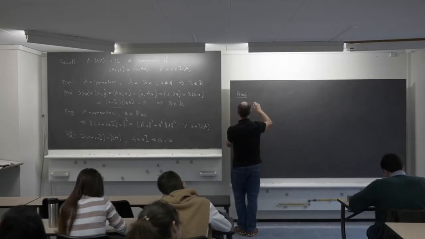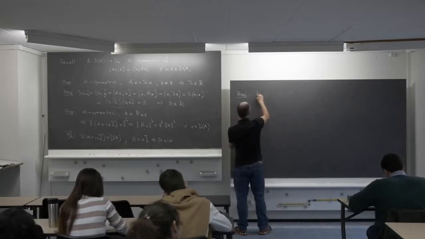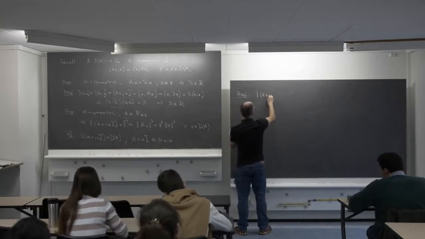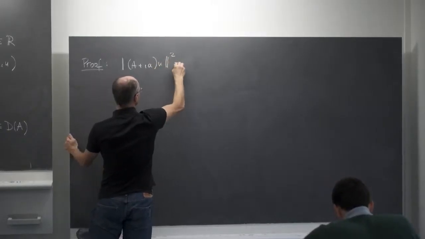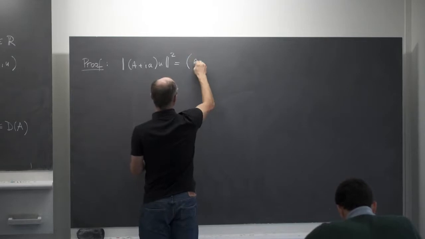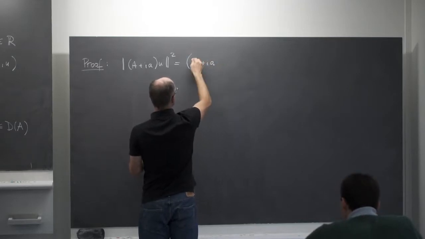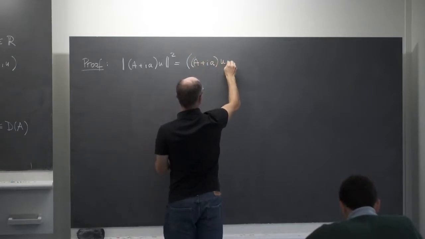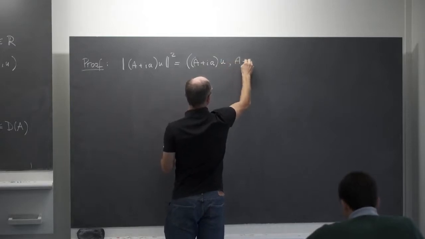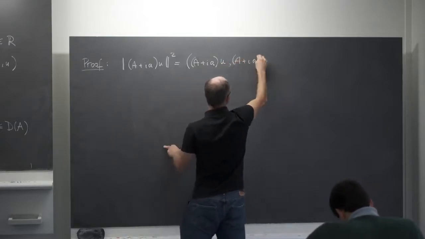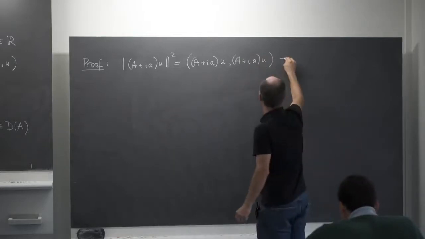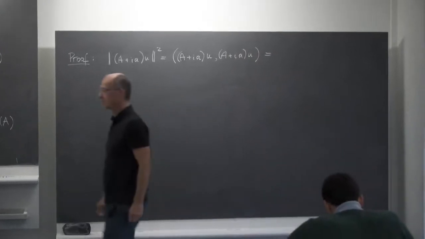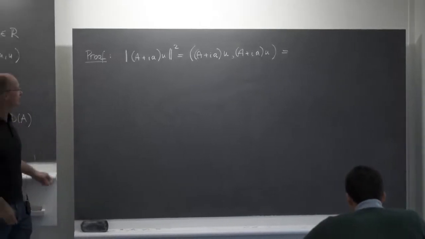Right. Now again, a simple proof. So A plus ia u squared. What is it by definition? It is the product of A plus i small a u with itself.